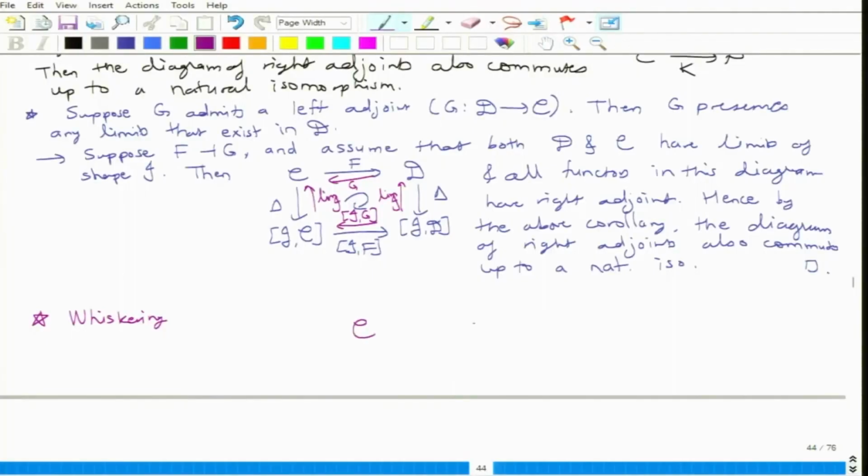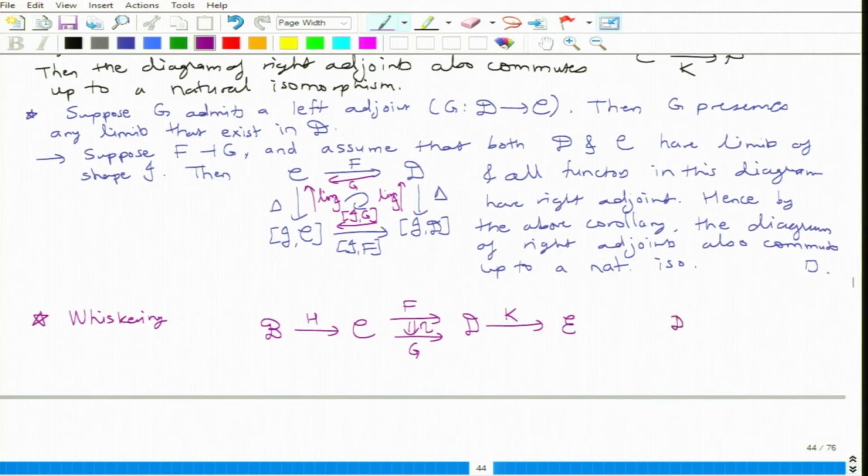See this. Suppose we have categories C, D, and we have two functors, let's say F and G, and we have a natural transformation, let's say eta, from F to G, and we have these two whiskers, namely one functor here and another functor there. So let's call it H and let's call this K. Then if you compare this diagram, you have new functors, the compositions. For example, FH and GH.